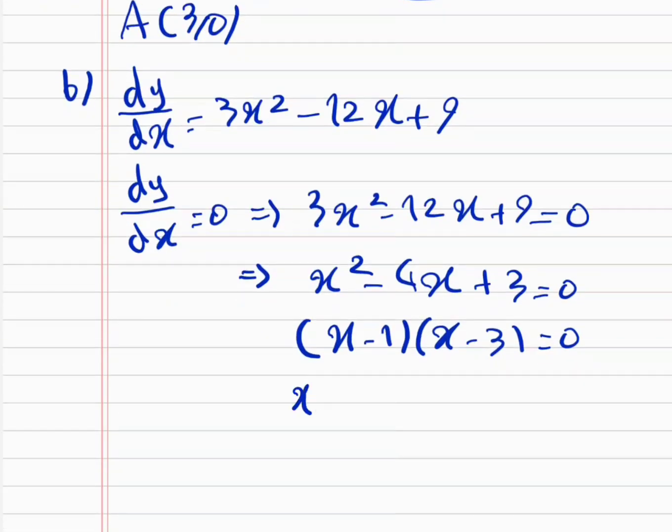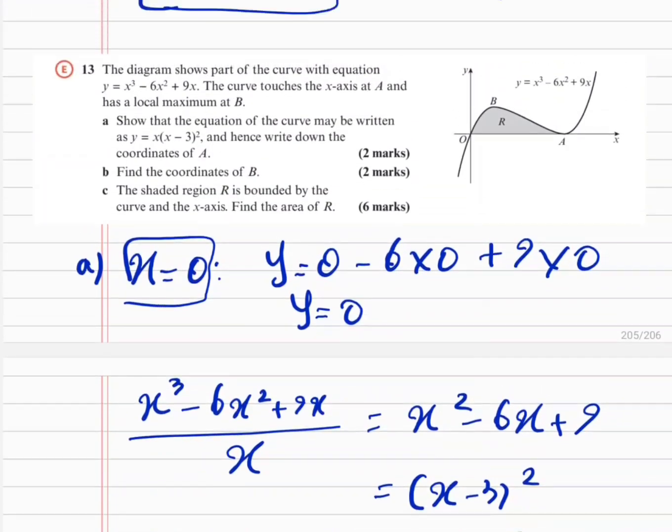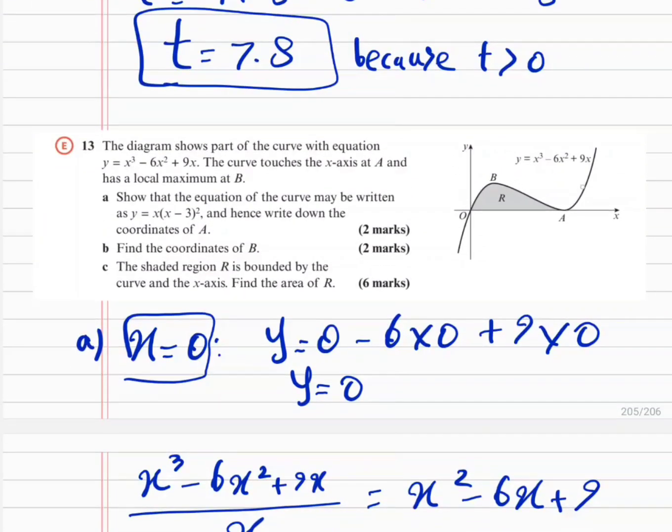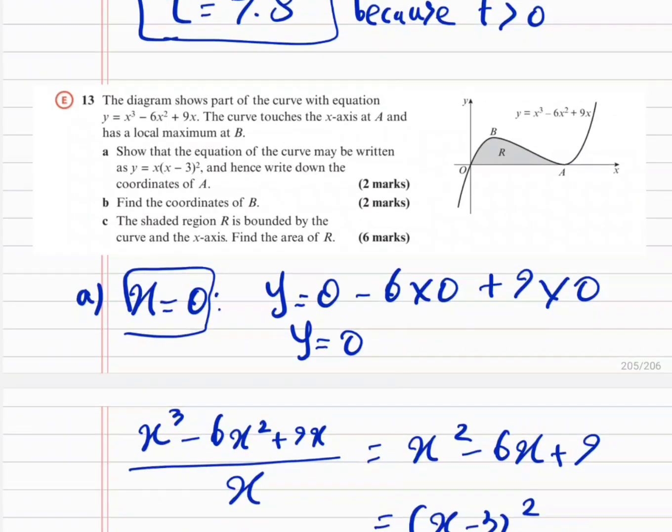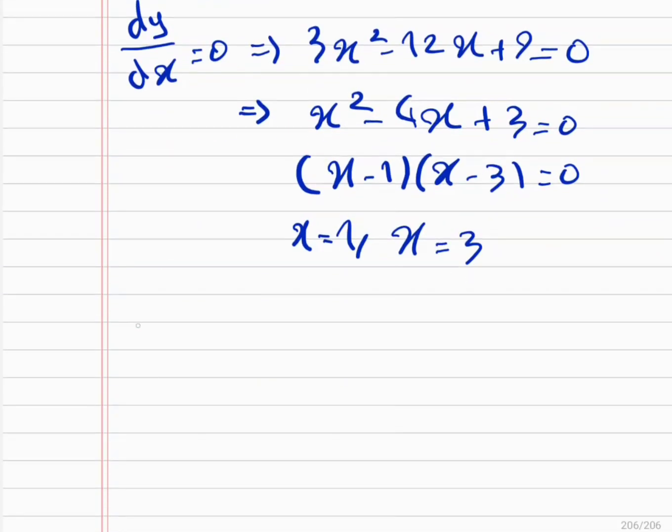So there are two solutions, x is equal to 1, x is equal to 3. However, when you look at the curve, x is equal to 3 is actually point A, which is a minimum, but point B is here, before A. So definitely the x coordinate of B is equal to 1.